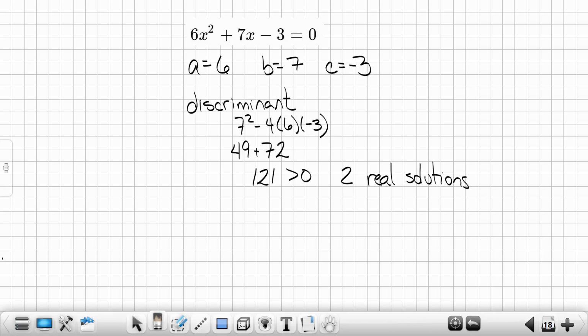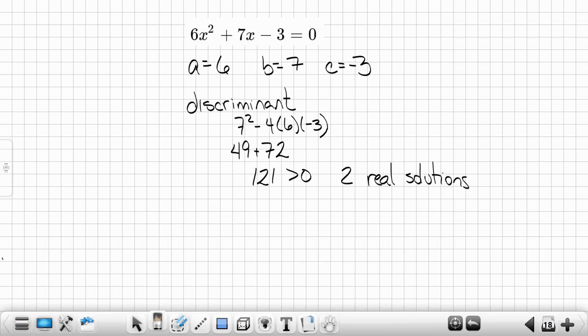So we use the discriminant just to determine the nature of the roots. The nature of the roots are 2 real solutions, or 2 real roots, right? Exactly, and that's why I don't want you guys to overthink it, because then the next part of the question is, find the actual roots using the quadratic formula.